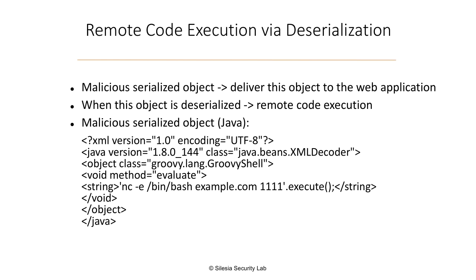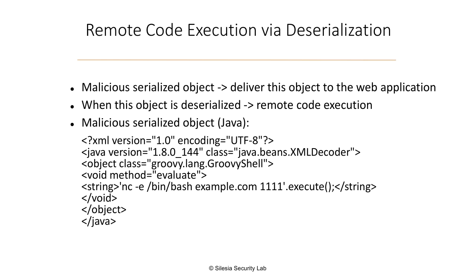But this reverse shell connection will not work if we don't have a class that allows us to launch shell commands, right? If we don't have it, then we cannot launch remote code execution via deserialization. I believe that this is clear.